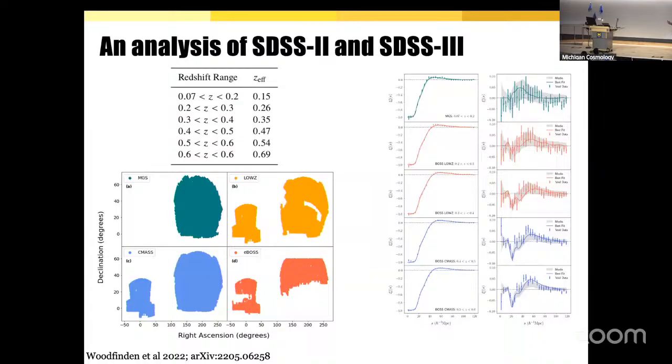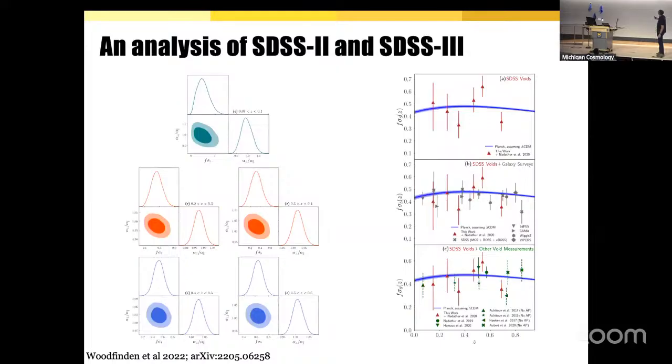In the voids, we think you can use a linear model to go between the nonlinear overdensity that you can measure and the nonlinear velocity field that can remove the RSD or put the RSD in the model. And you can measure f sigma 8, this basically RSD growth factor, from the voids. It's not quite as good as measuring the RSD from the galaxies.